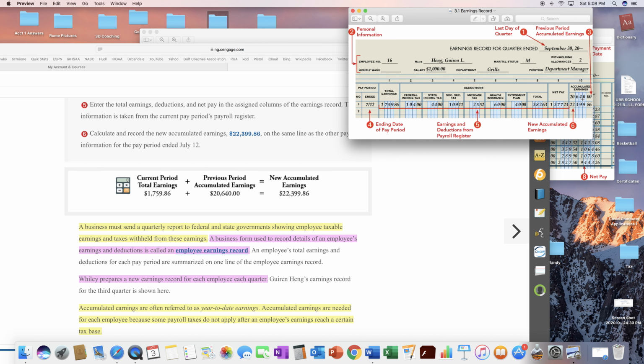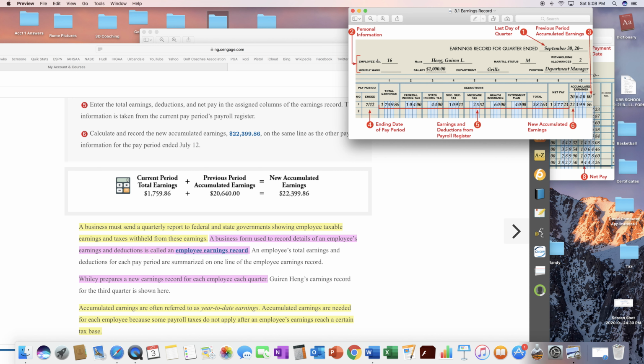They have accumulated earnings of $20,640, so you get your new accumulated earnings. A common mistake is just adding net pay, but accumulated earnings is all the total earnings they made before deductions. So all the accumulated earnings that they previously earned plus this pay period's total earnings equals the new accumulated earnings. And that's what we're talking about.